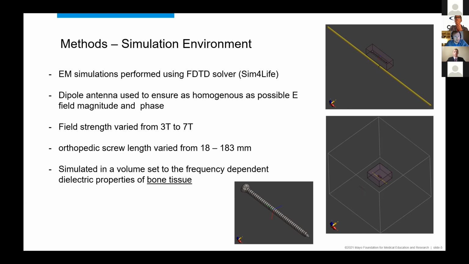We also took our orthopedic screw length and varied it from 18 millimeters to 183 millimeters over 24 distinct measurements. We also decided to simulate in a volume of tissue set to the dielectric properties of bone, primarily because these types of screws would normally be placed in a relatively high bone content environment. Next slide, please.